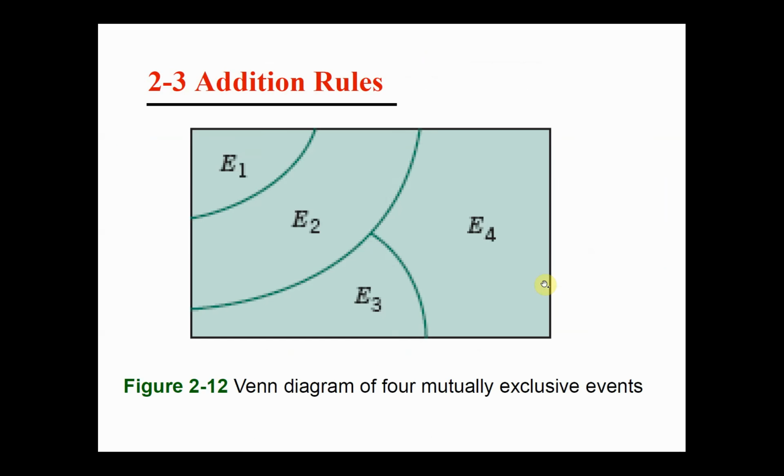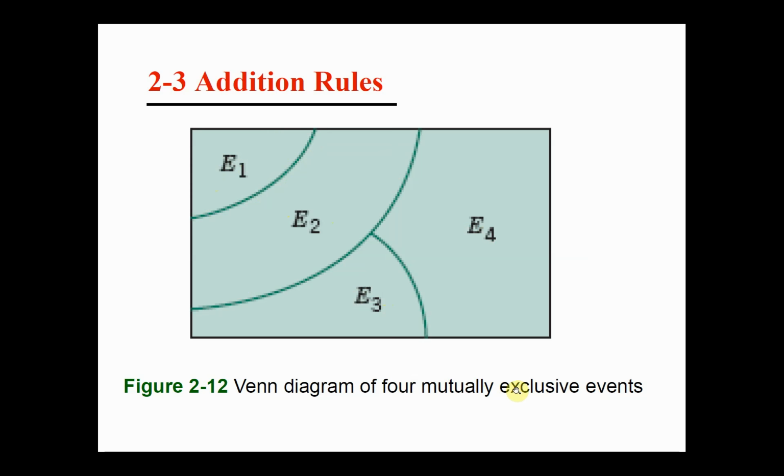So this is just a nice figure that gives you an example of this. Imagine that we have four events in a sample space: E1, E2, E3, and E4. As you notice, these events don't intersect. There is no intersection between E1 and E2, E1 and E4, or E1 and E3. Any two don't intersect, so these events are mutually exclusive.